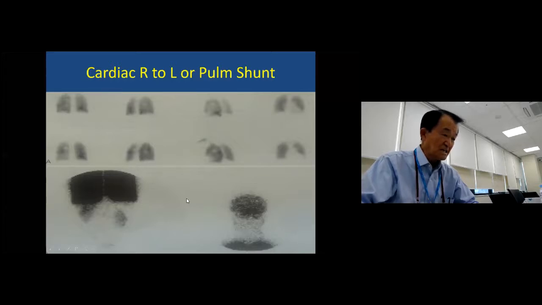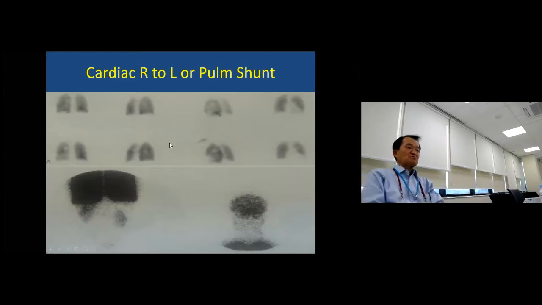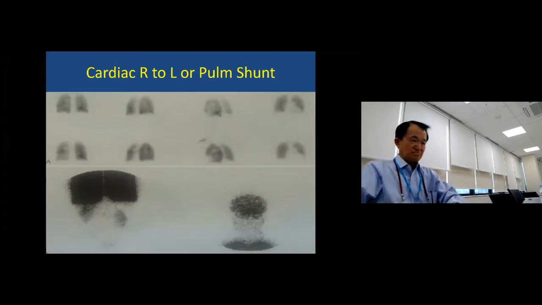There have been 4 cases reported. If there's a blue baby, for example, lips are blue, that means a cardiac shunt, then you have to use less than 1 millicurie technetium MAA and inject very slowly, little by little. That's the only way you can avoid problems.